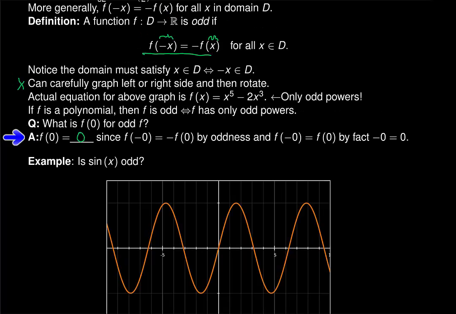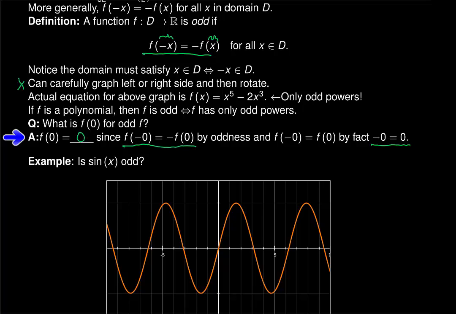By the property of oddness, that f of minus x is equal to minus f of x, with x being equal to 0, we find that f of minus 0 is equal to minus f of 0. That's by oddness. However, we also know that minus 0 is equal to 0. That 0 is the only number that is itself its additive inverse, meaning minus 0 is equal to 0.